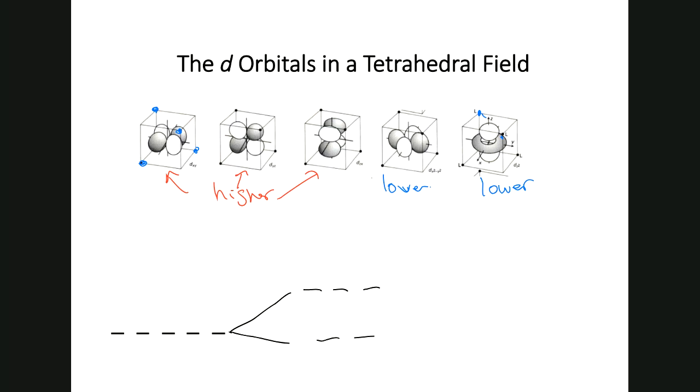So my dz squared and my dx squared minus y squared will be lower, and dxy, dyz, and dxz will be higher in energy, right? Because now they're not in the direct path of the ligands. And I still have a splitting, delta here.